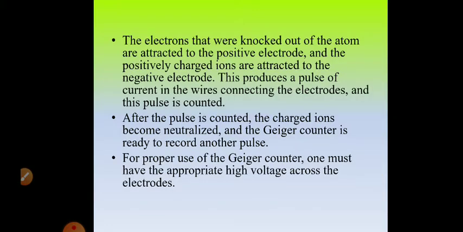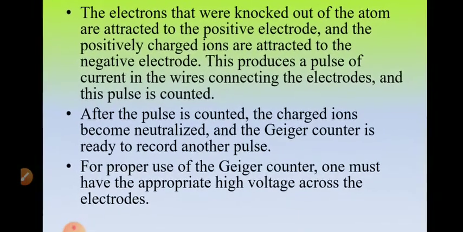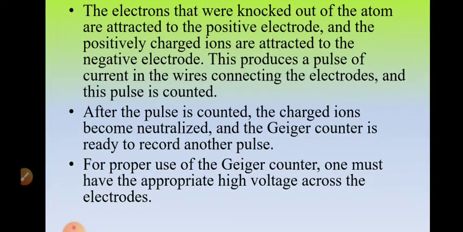This produces a pulse of current in the wire connecting the electrodes, and this pulse is counted. After the pulse is counted, the charged ions become neutralized and the Geiger counter is ready to record another pulse.